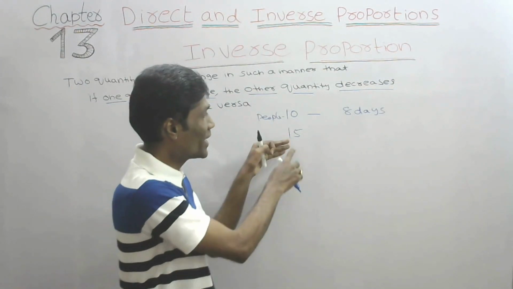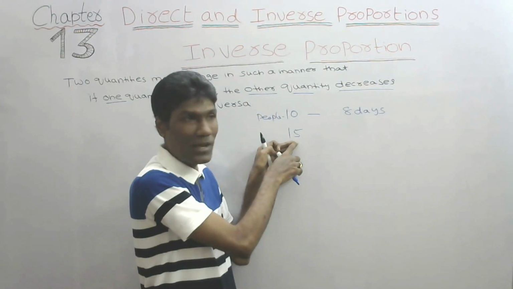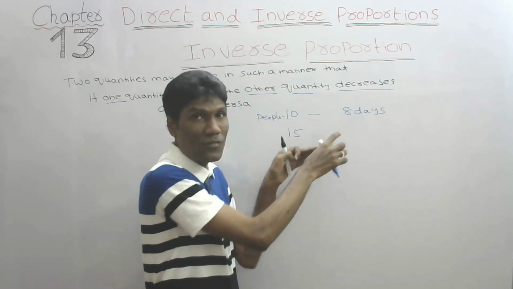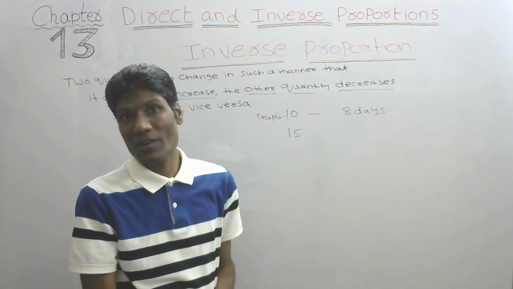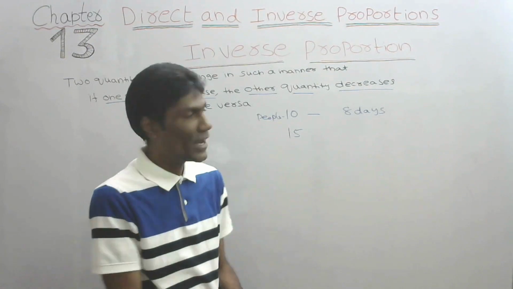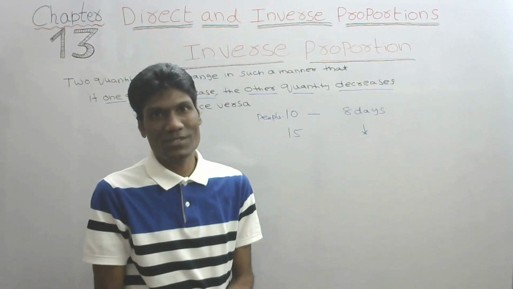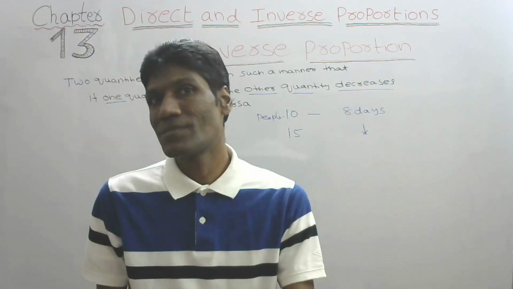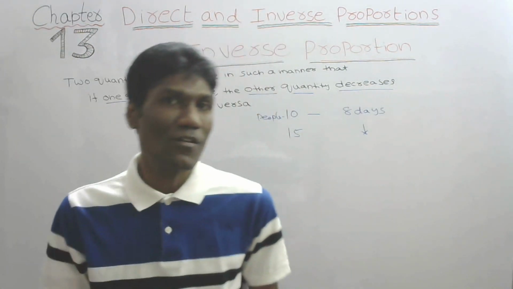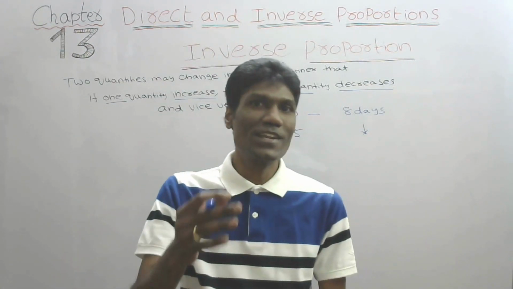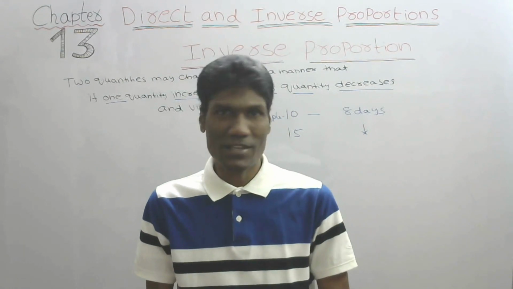When I increase this number, will the number of days to complete that work increase or decrease? It will decrease. It will take less than 8 days. So, understood? There are some situations where if one quantity is increased, the other quantity decreases.